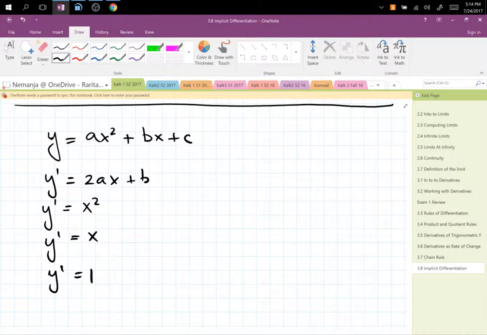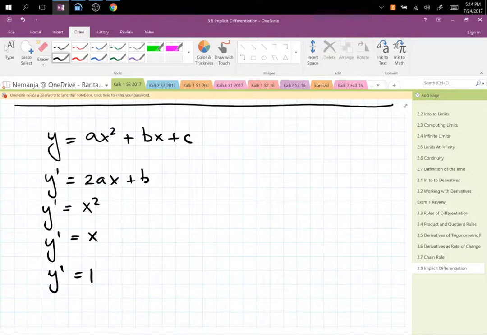So let's see. Why do you change the derivative? What do you mean? You had the derivative at 2ax plus b. Why do you take the derivative of that and take the derivative of that? Where did x come from, x squared? Yeah, that's what I want to discuss.